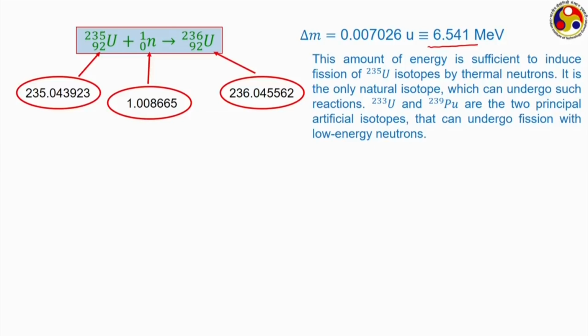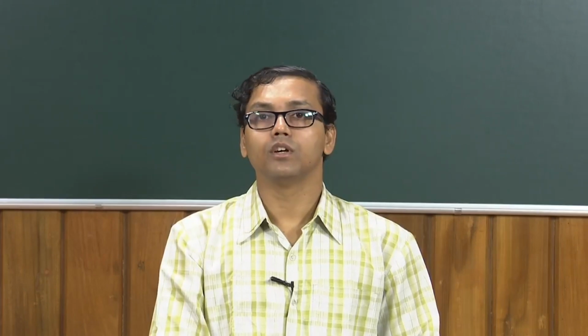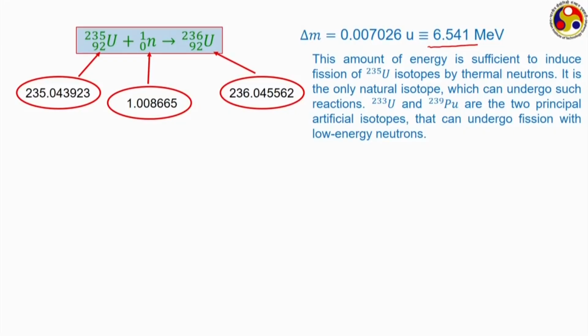I hope you remember, a thermal reactor is one whose working principle is based upon thermal neutrons and not fast neutrons. For thermal reactors, we can primarily use three isotopes as the main fuel for fission. One is uranium-235, which is available in nature; the other two, uranium-233 and plutonium-239, need to be produced artificially.